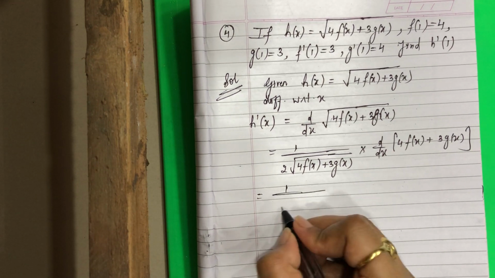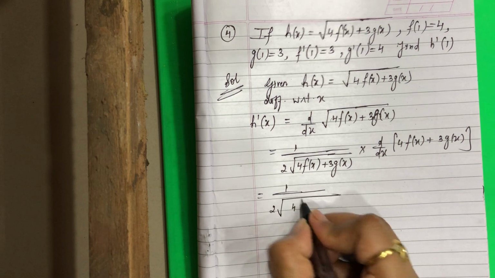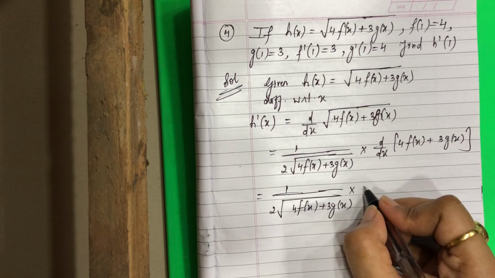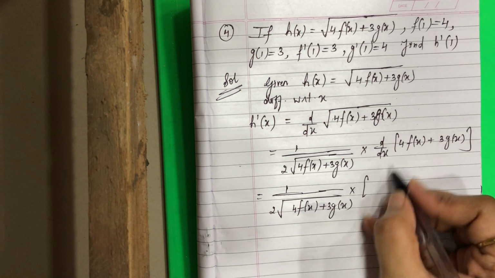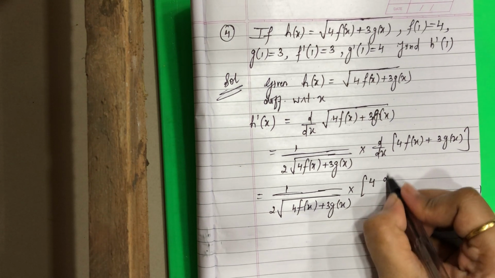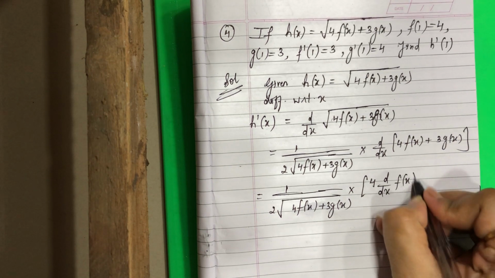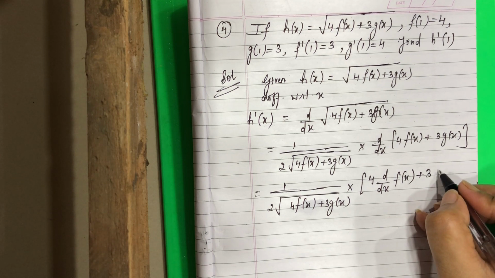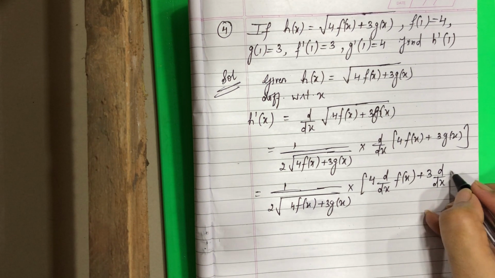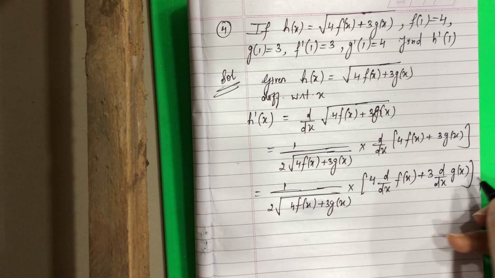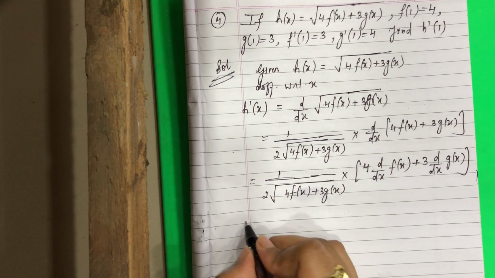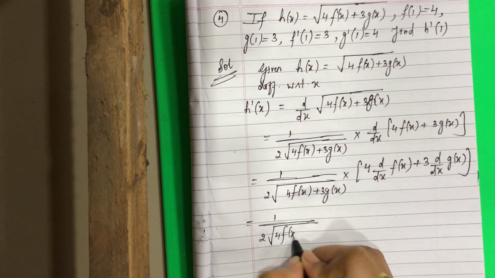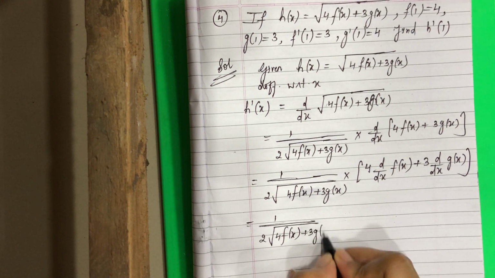So this is 1 upon 2 root 4f(x) plus 3g(x) into 4 is the coefficient, take the coefficient outside, 4 d by dx of f(x) plus again 3 is the coefficient, take the coefficient outside, 3 d by dx of g(x), bracket close.